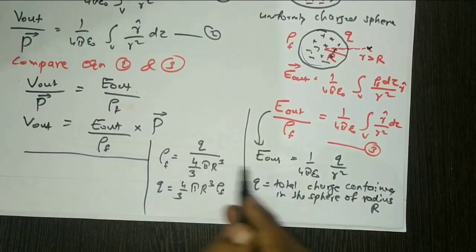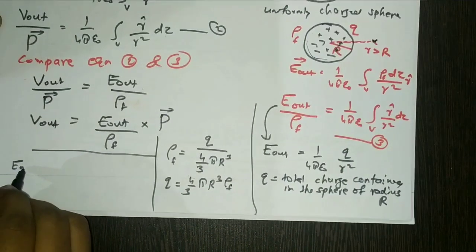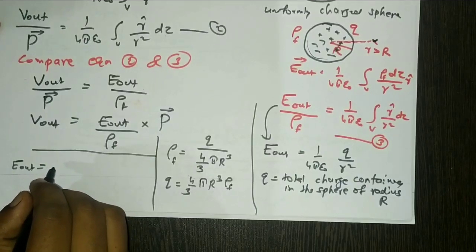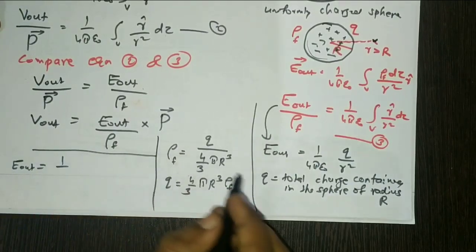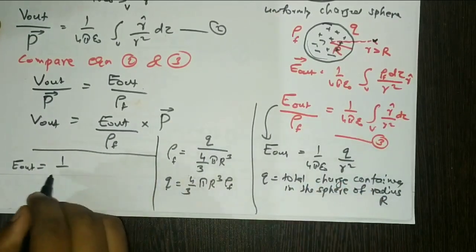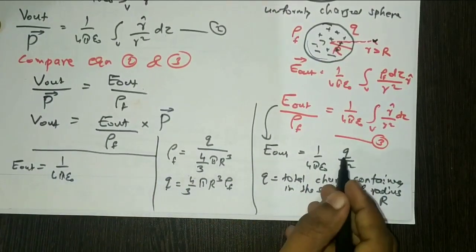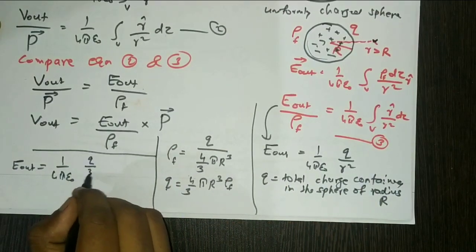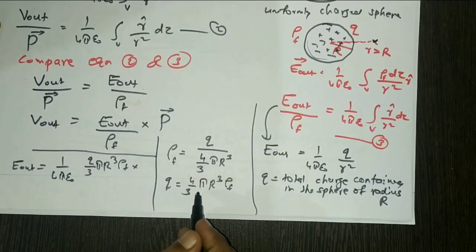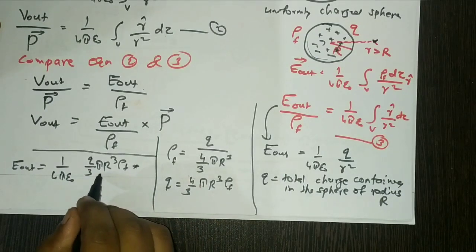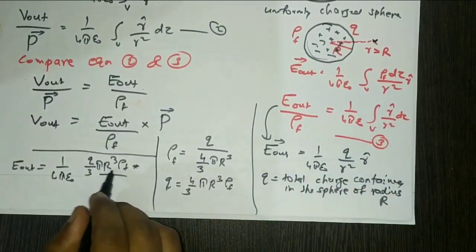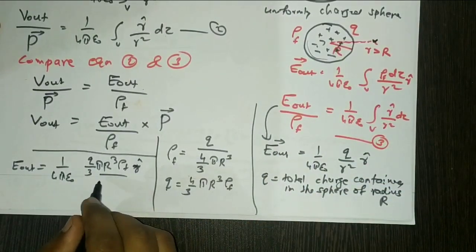Therefore, this electric field can be written as follows. I will substitute this Q in this expression. Therefore 1 by 4 pi epsilon 0 is there. Then instead of Q I substitute 4 by 3 pi r cube rho F, and since it is a vector quantity, I put r cap.